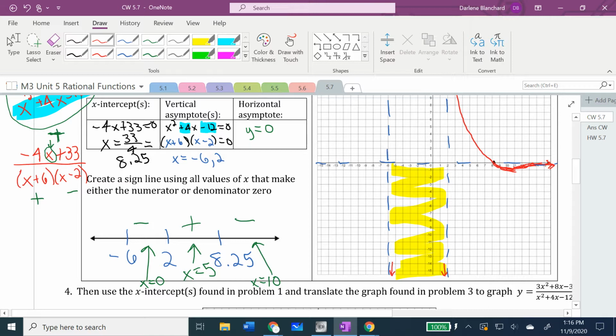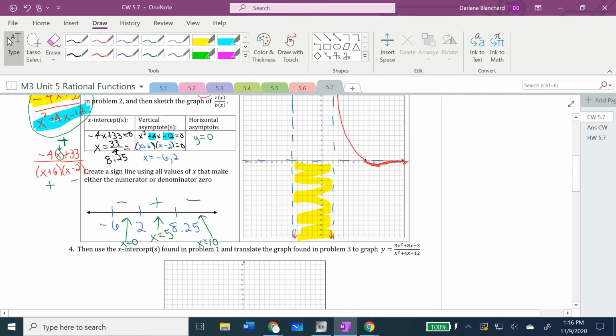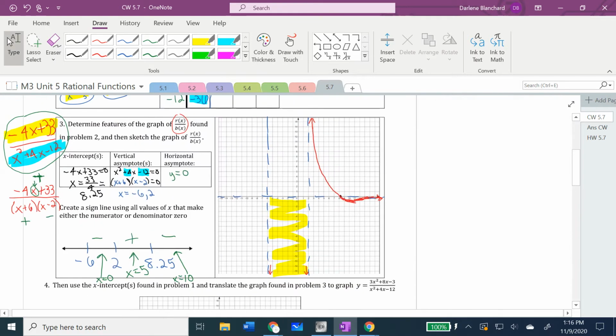Now, if I wanted to get a better looking graph, I could plot some easy to calculate points, which is questionable actually with this. Oh dear. If I wanted to, I could plug 0 into x and see that my y-intercept is 33 divided by negative 12, but that's not the nicest number in the world. I'm not going to ask of you to find that y-intercept.